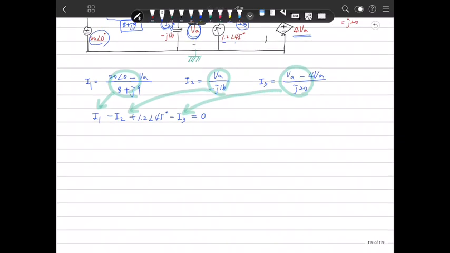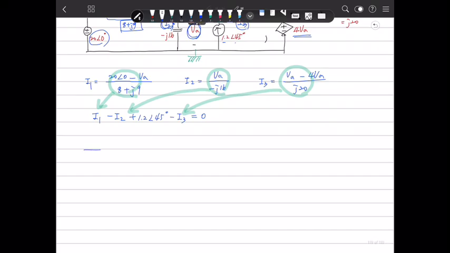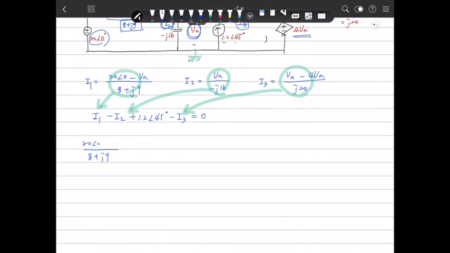We rewrite this equation as 20 minus VA over 8 plus j9, plus VA over j16, because minus minus, plus 1.2 at 45 degrees, minus VA minus 4 VA over j20.